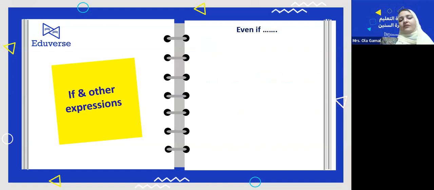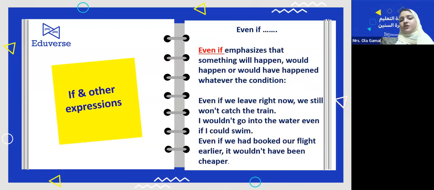Now we have some other expressions for conditionals, like "even if." We use "even if" to emphasize that something will happen, would happen, or would have happened, whatever the condition is. Like here, even if we leave right now, we still won't catch the train.